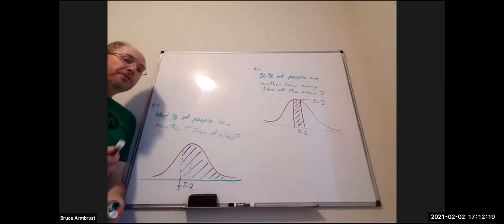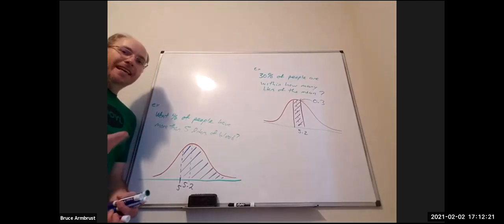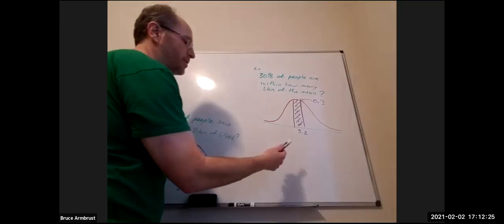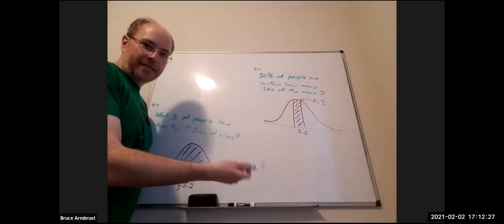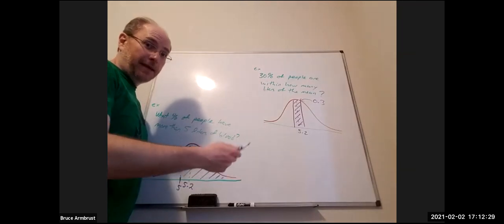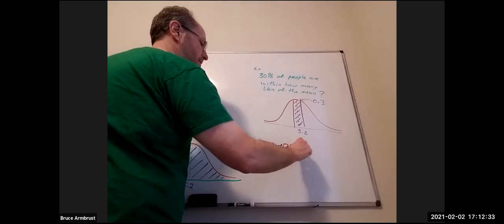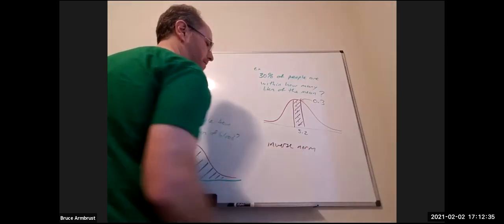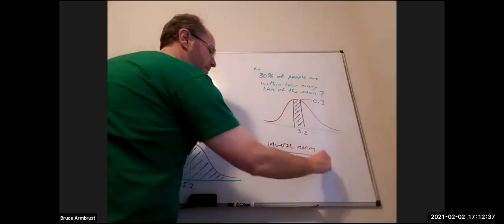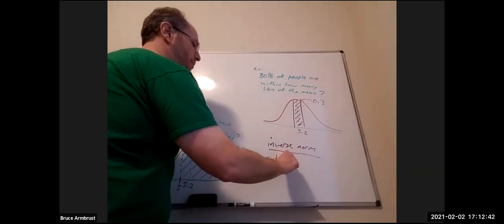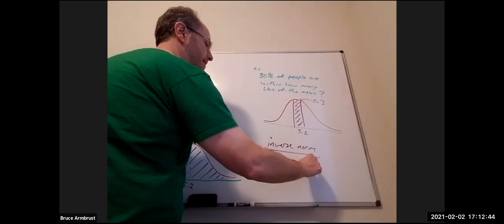But what we're going to use to help us with that is what's called the inverse norm. Okay, so we were just using the normal CDF and PDFs as commands. There's also one called the inverse norm. All right, and how this works is you put in a percentile.